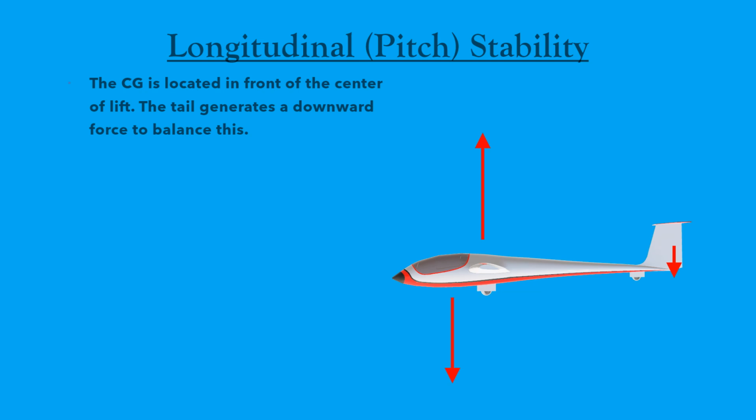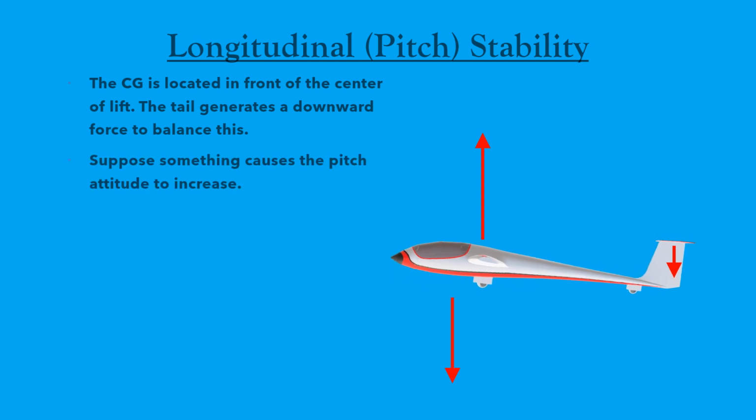The weight force acts through the center of gravity, and the wing's lift force acts through the center of lift. That creates a downward moment tending to pitch the nose down. That has to be compensated by a downward force on the glider's tail. So the tail will, in steady state flight, be pushing down.